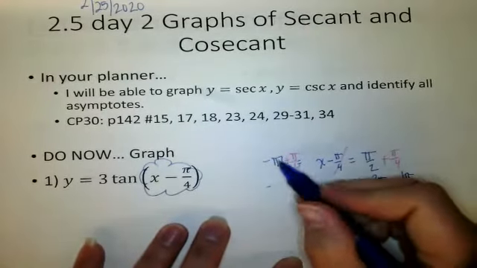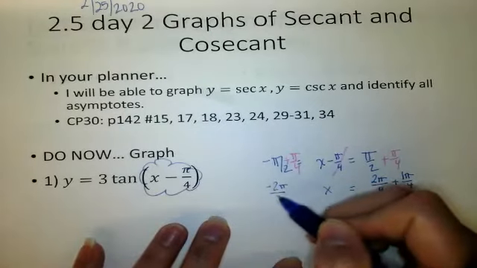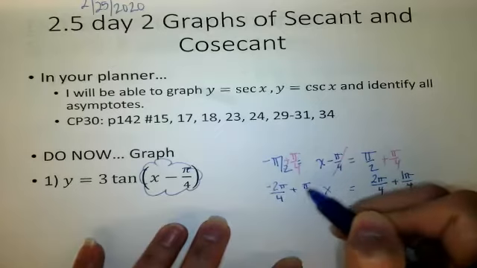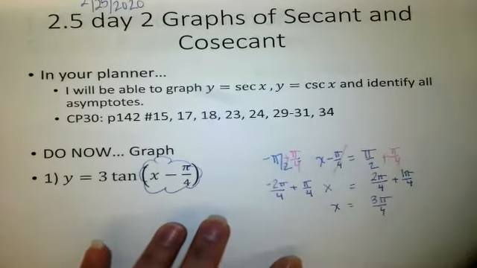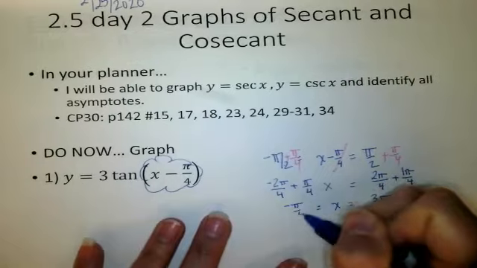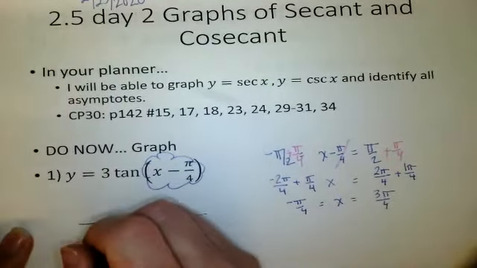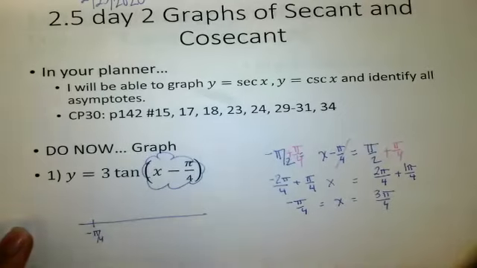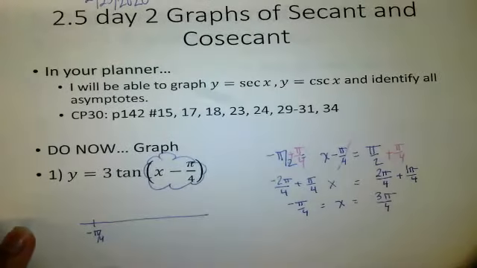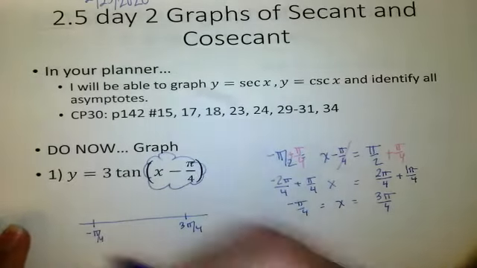I've got to multiply this fraction by 2, top and bottom. That becomes negative 2 pi over 4 plus 1 pi over 4, which gives me negative pi over 4. Now, those are asymptotes at negative 1 pi over 4 and 3 pi over 4.